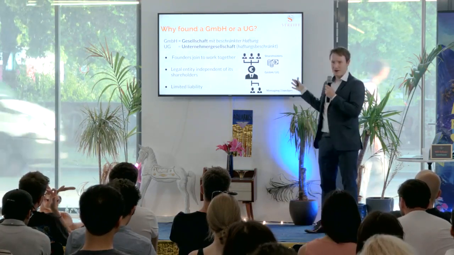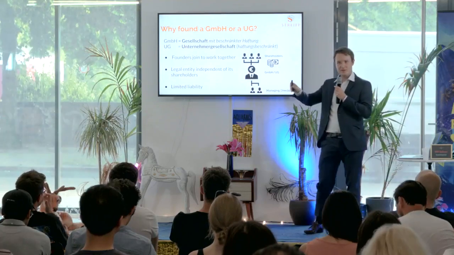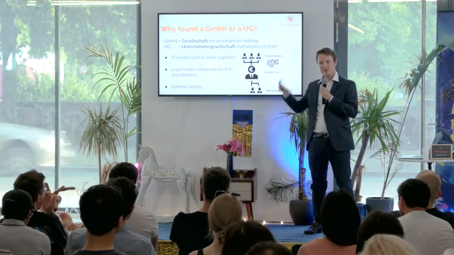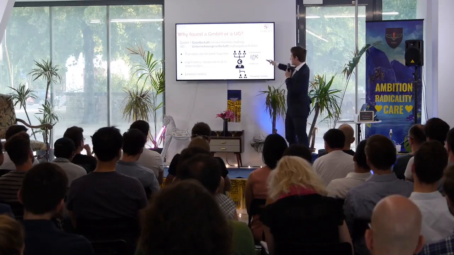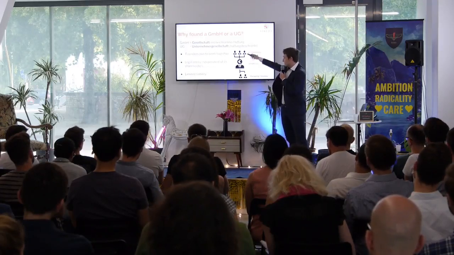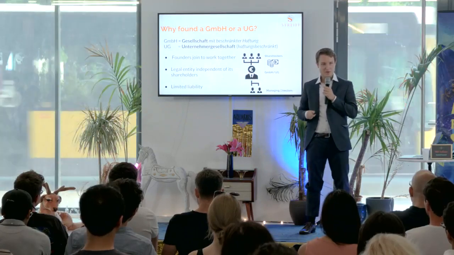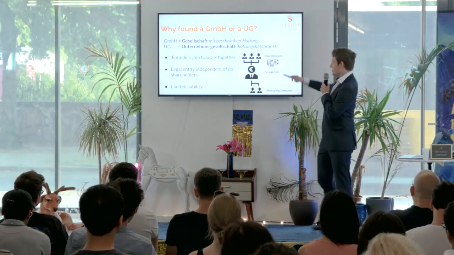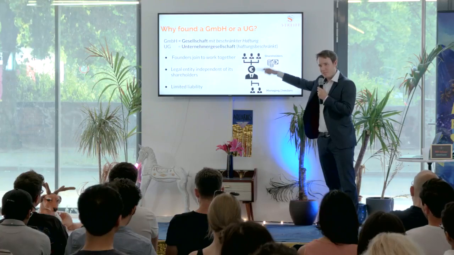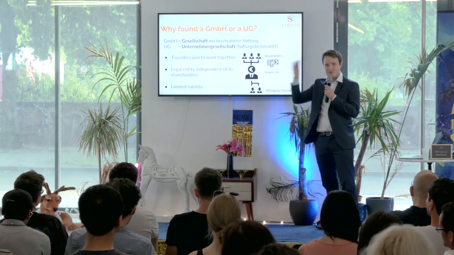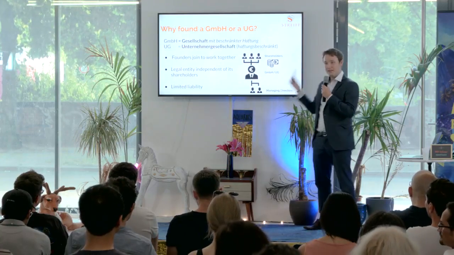And the reason for founding them is that founders, typically several people, join together, and those are the founders here, who end up being shareholders, and they create an entity of its own. So this is why this is also a person with a money hat, because you give the money, and then it's a legal entity.